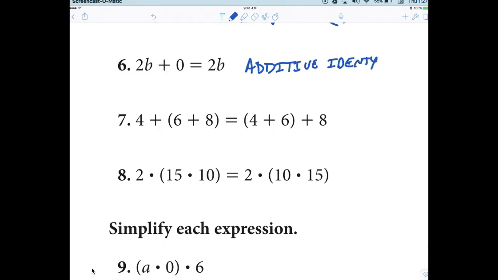Anytime you perform an operation and you remain the same, it's an identity. All right, that's how easy that is. That's the additive identity. So everybody should be happy with number 7.